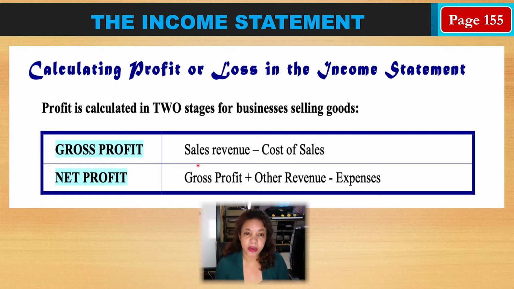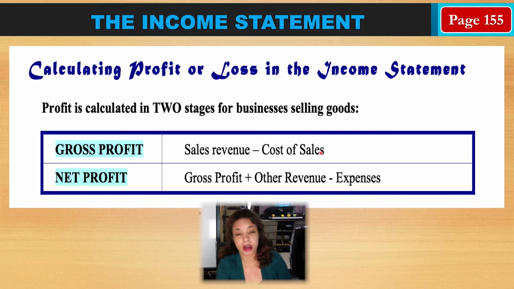Then now we are going to take that information and we are going to do the income statement. So the income statement calculates the profit or the loss. All right, so profit is calculated in 2 stages. First thing that we calculate is your gross profit, which the very, very simple formula is sales revenue or sales minus cost of sales.